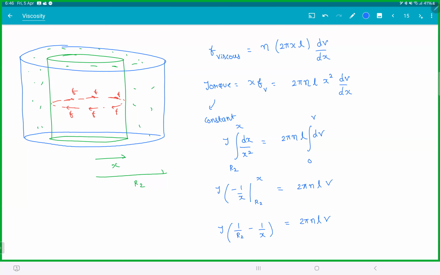So from here I got torque is equal to, that minus sign, I don't want that minus sign actually. Where am I goofing up a minus sign? It is opposing the velocity. So torque times 1 by X minus 1 by R2.